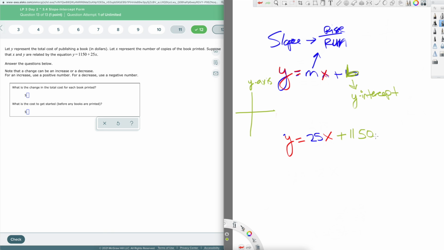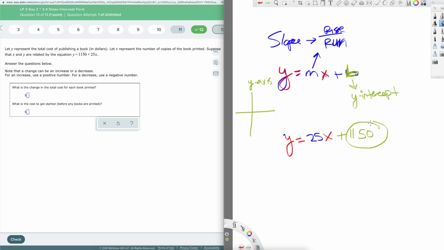So I have my equation, and I color-coded it there so we can see very clearly what it means. So remember, the y-intercept is our starting point. I've said that quite a few times even in this video. So if that's our starting point, then our starting cost must be this amount here. That's where we start, no matter what, for what we're doing for the books. That's just the cost of getting all the machines and material together.